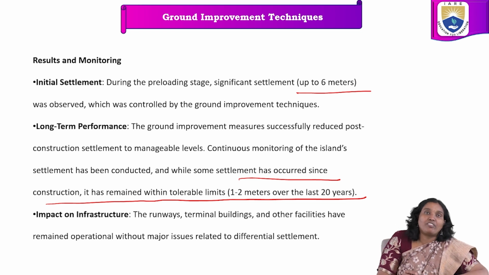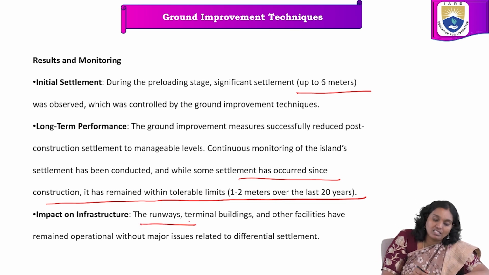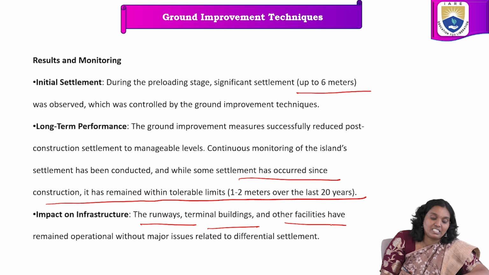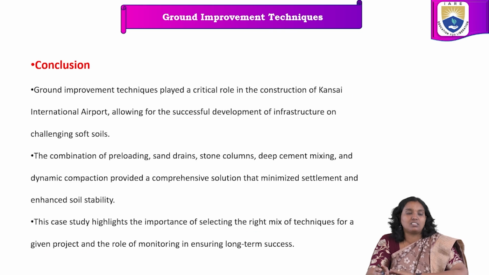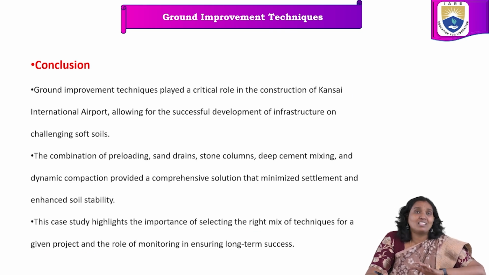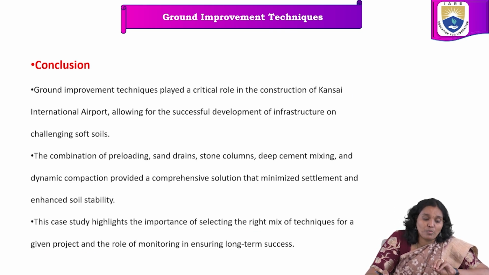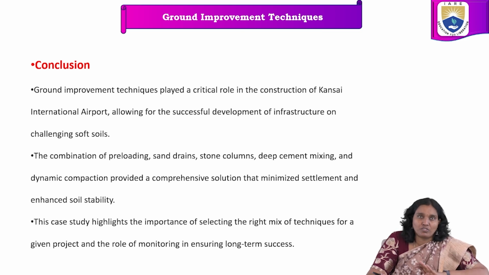As for the impact on infrastructure, the runways, terminal buildings and other facilities have remained operational without major issues related to differential settlement. In overall conclusion, these ground improvement techniques play a crucial role in the construction of this airport, allowing successful development of infrastructure despite the challenges of these soft soils.